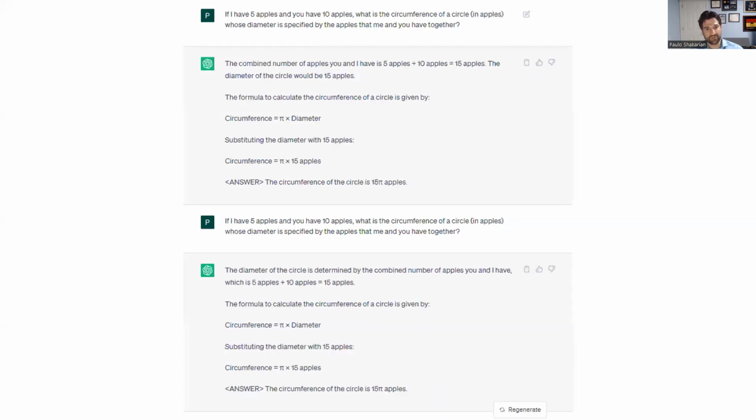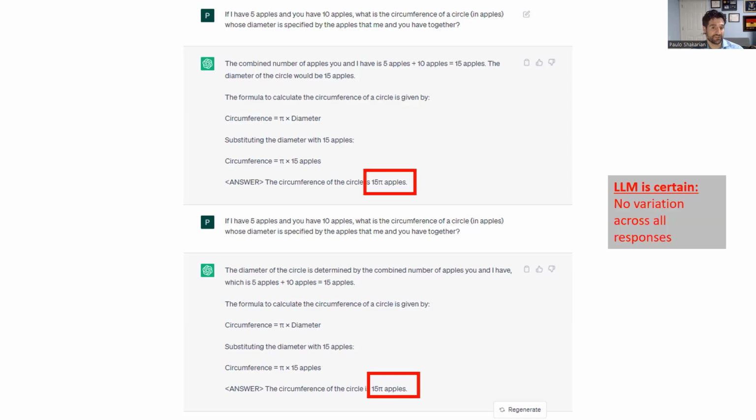And if we look at maybe the second example, we fixed up the prompt a little more and we allowed it to show its work, which I know often helps with being more consistent in the answer. And here we see, in the ones I show, it says 15 pi apples both times. And actually, if you see all the prompts I put in this time, it was giving the same answer each and every time.